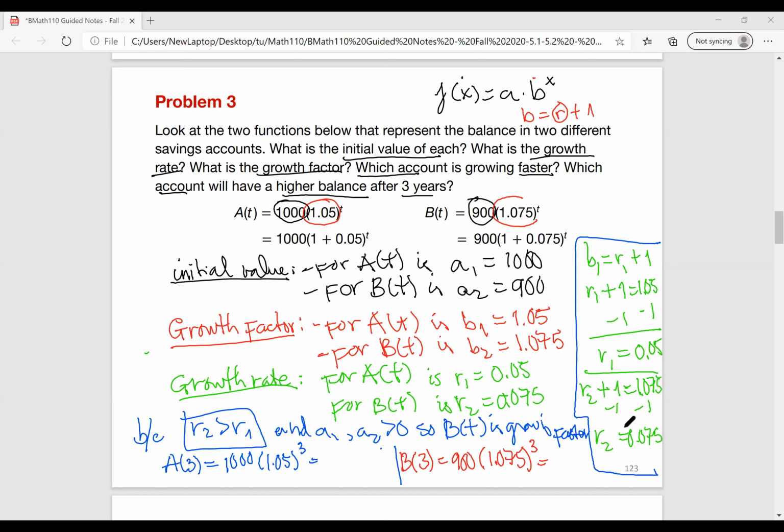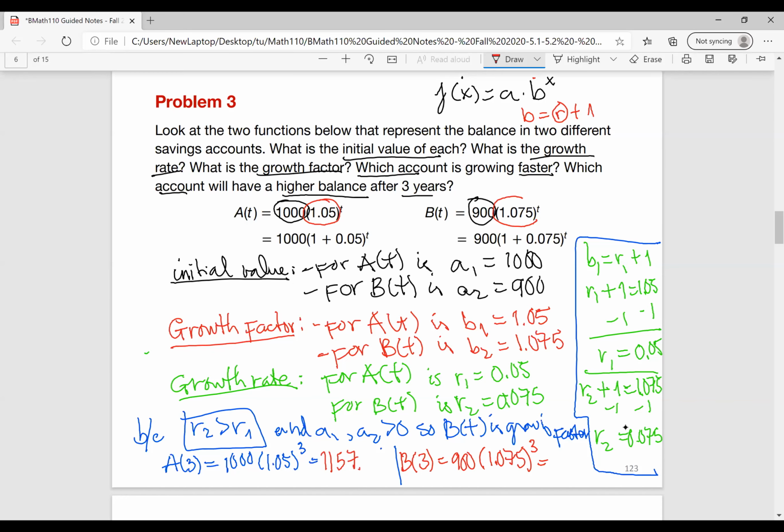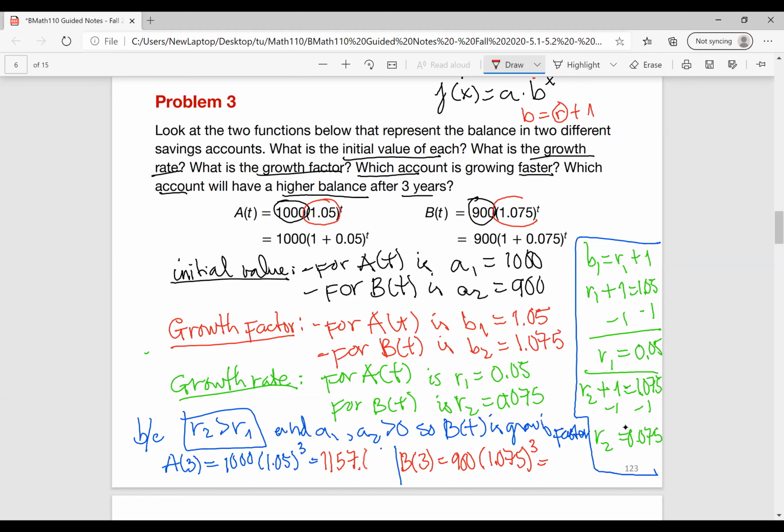All right, so you should have A of 3 will be 1157.625. So let's put down 1157.63.